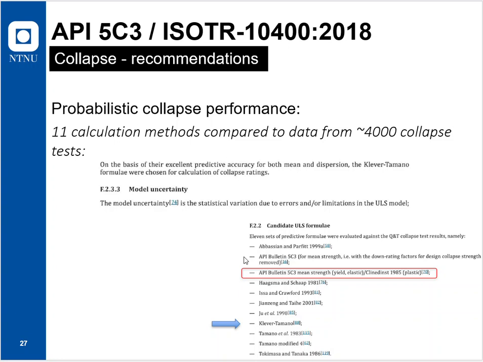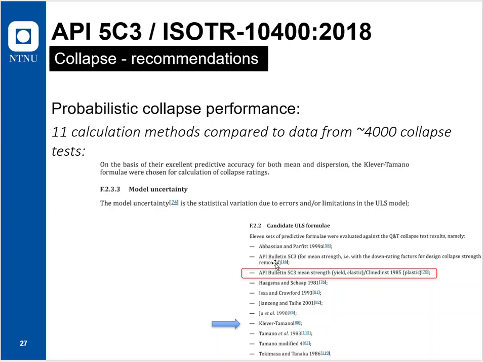You cannot find in any literature what the safety factor is for API collapse formulas, and it maybe won't make sense either because it's put across absolutely all manufacturing processes, across plants, across anything related.